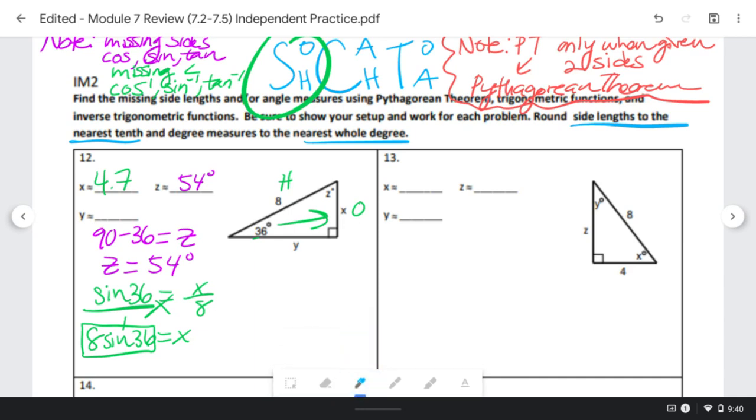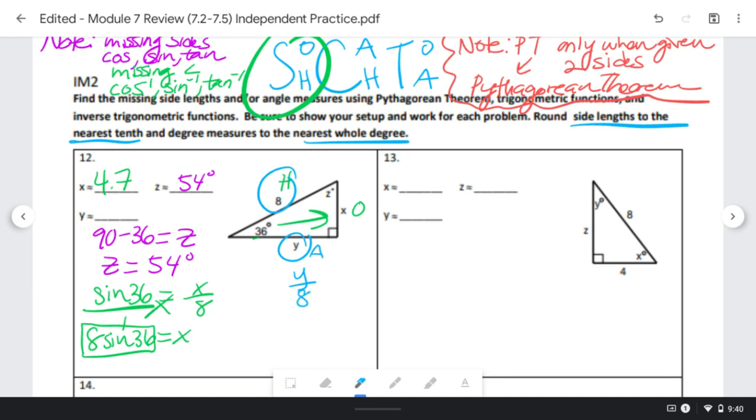Now, I mentioned that you want to just use 8 in your ratio when you're solving for your variables. You don't want to use this 4.7 in a ratio because it's not as accurate as using the 8. So I'm going to make sure that I use the hypotenuse when I'm solving for y. So I want adjacent over the hypotenuse.